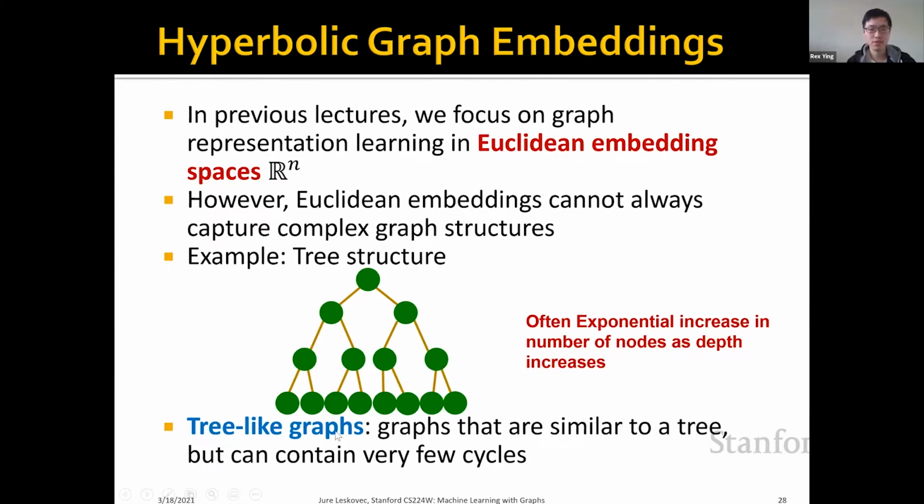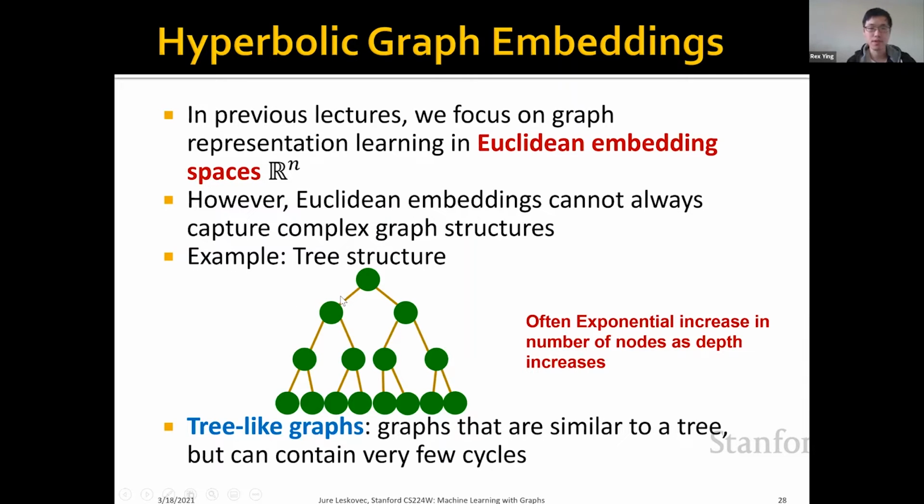We define these tree-like graphs as graphs that are similar to a tree, for example the binary tree shown above, but that can still contain very few cycles. In real-life situations, we have things like knowledge graphs that are organized hierarchically, because much of human knowledge is organized hierarchically, and at the same time there could still exist a certain number of loops in this structure.